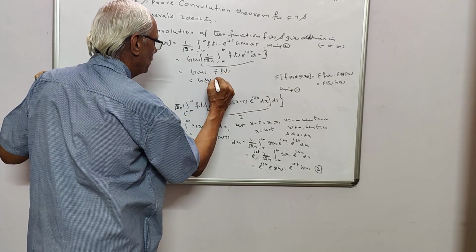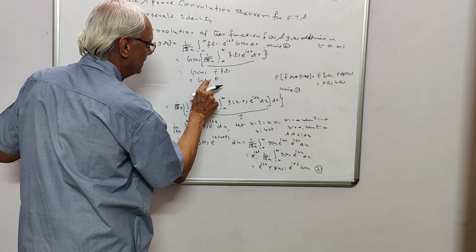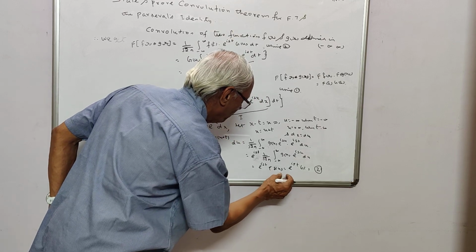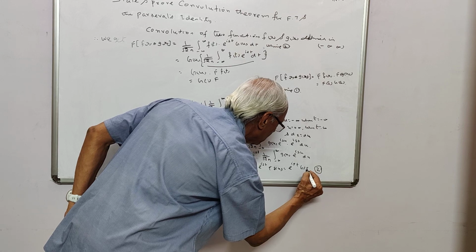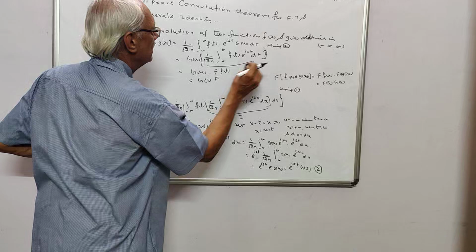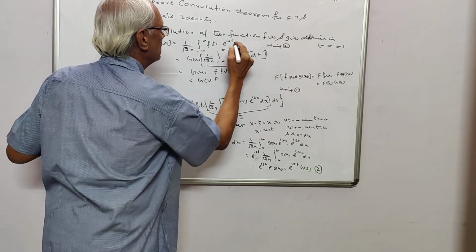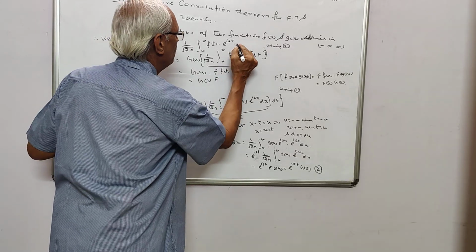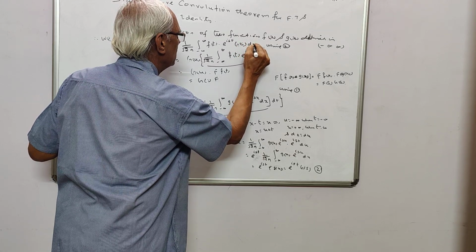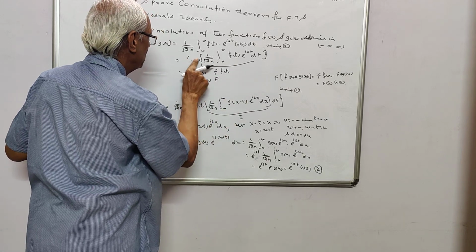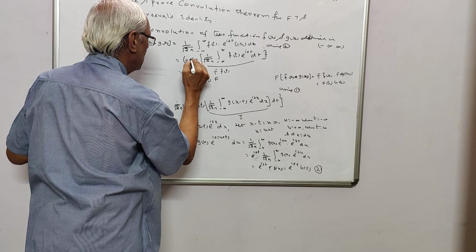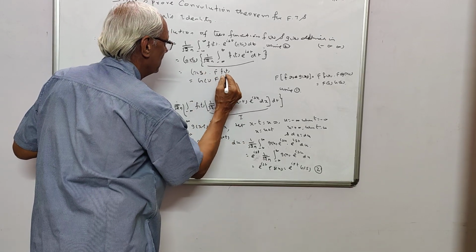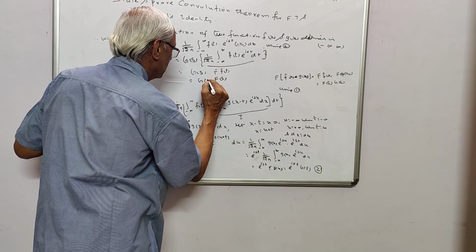So this is equal to the Fourier transform of g, which is a function of s, not u, into dt. Because the Fourier transform of g will be a function of s, what will you get here? F of s into G of s.